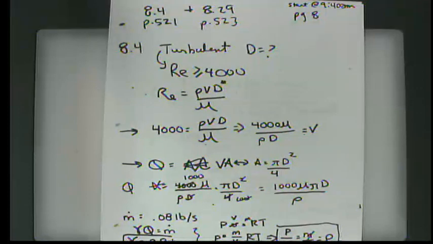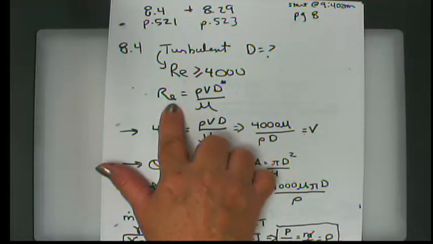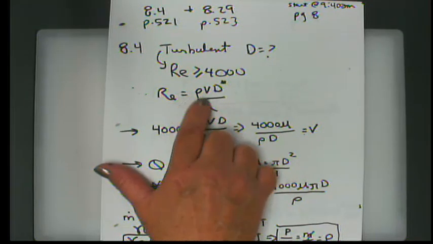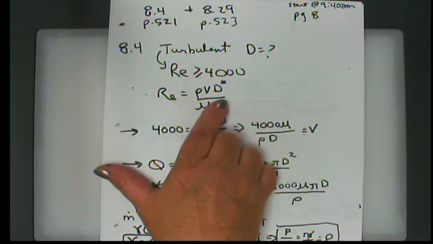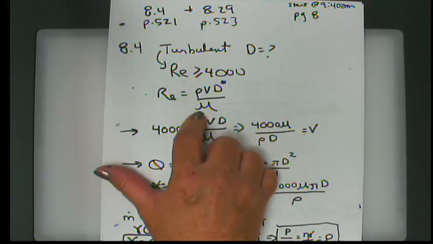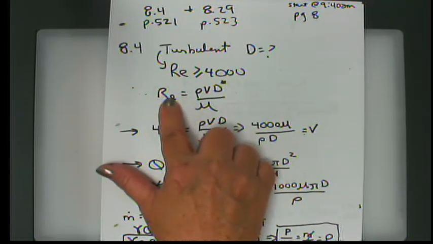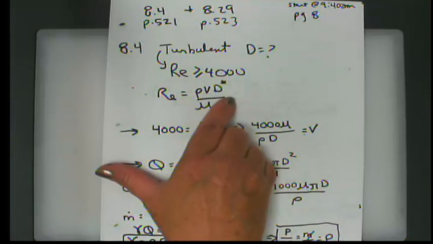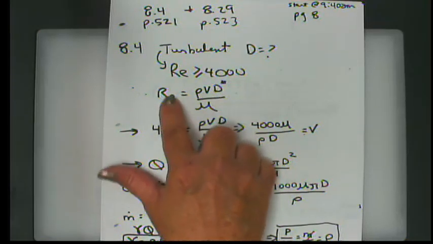So that's our criteria for this problem. So what we want to do is to calculate for this flow of air at 100 degrees, what values of rho, V, and mu will keep the Reynolds number at 4,000, what diameters will keep our Reynolds number value at 4,000.